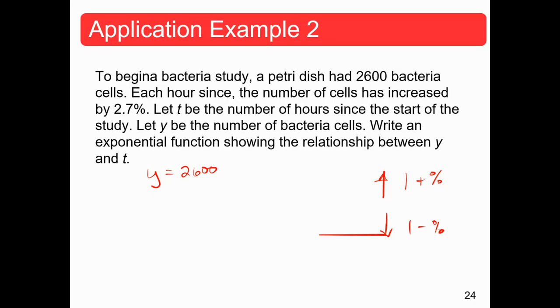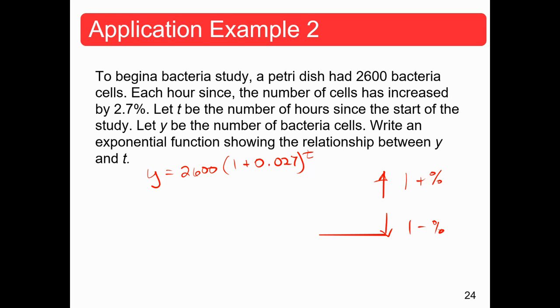So in this situation, it's adding. So I'm going to say 1 plus 0.027. And this is going to be to the power of t, because that is the time, in this case hours, in which it's increasing. So this would be our formula for the situation.